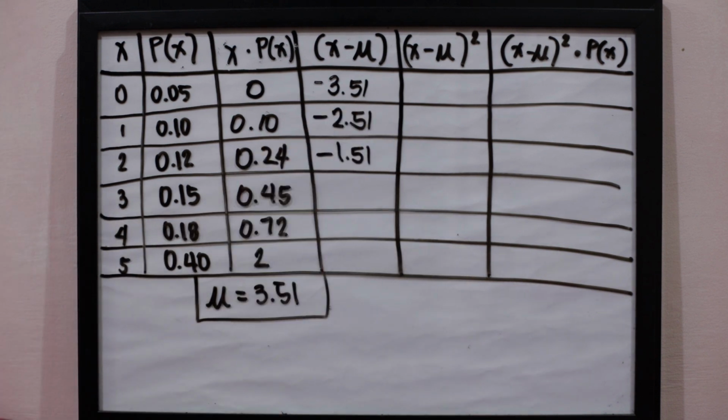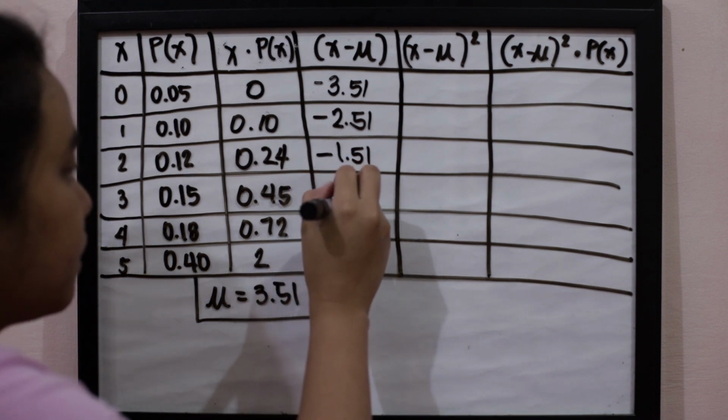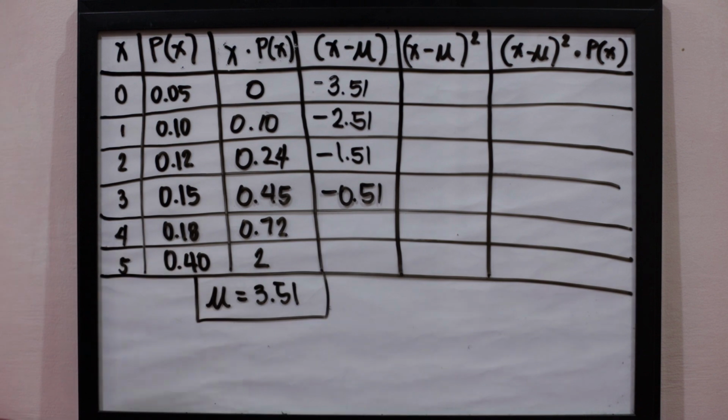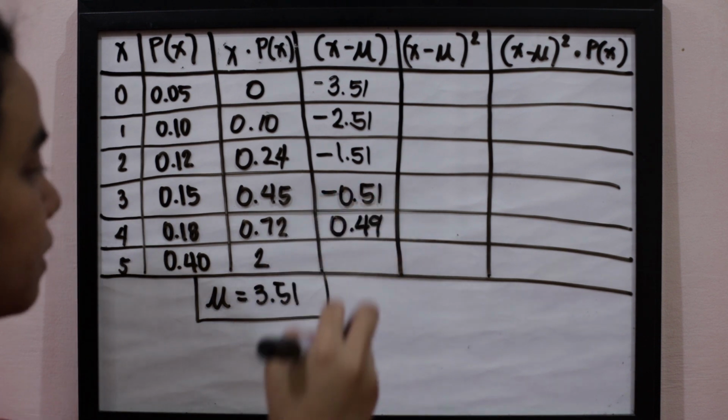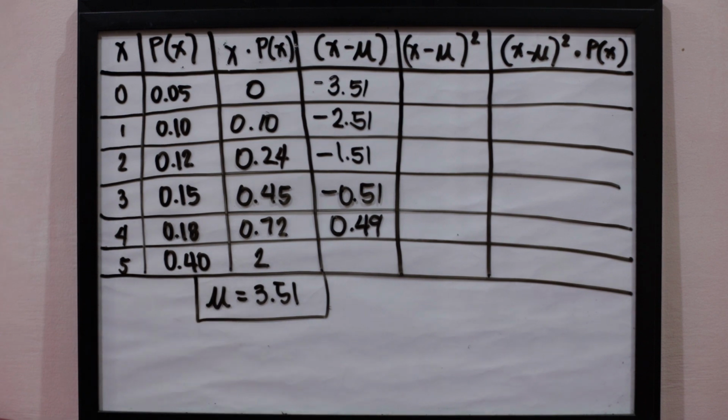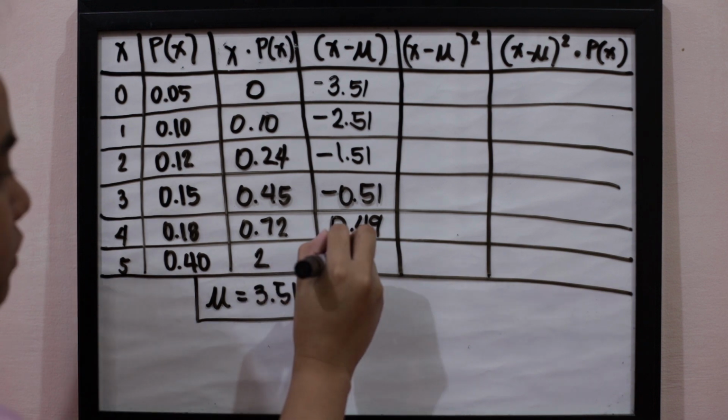And then 3 minus 3.51, the answer is negative 0.51. And then 4 minus 3.51 is 0.49. You solve along too so that I'm not alone here. So, 5 minus 3.51, the answer is 1.49.